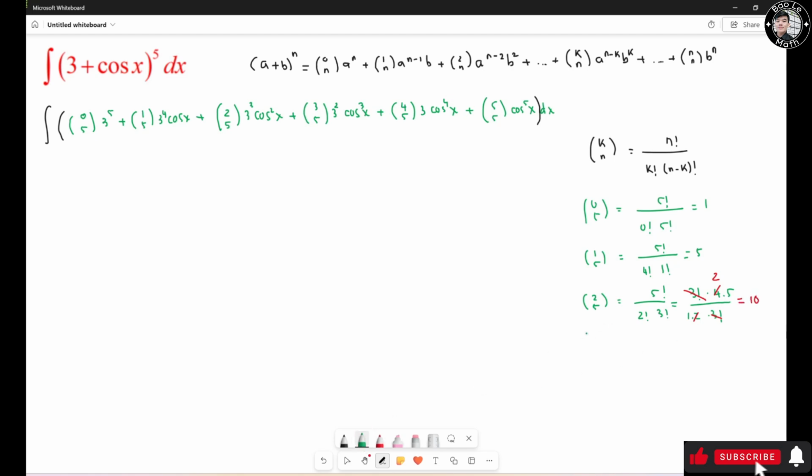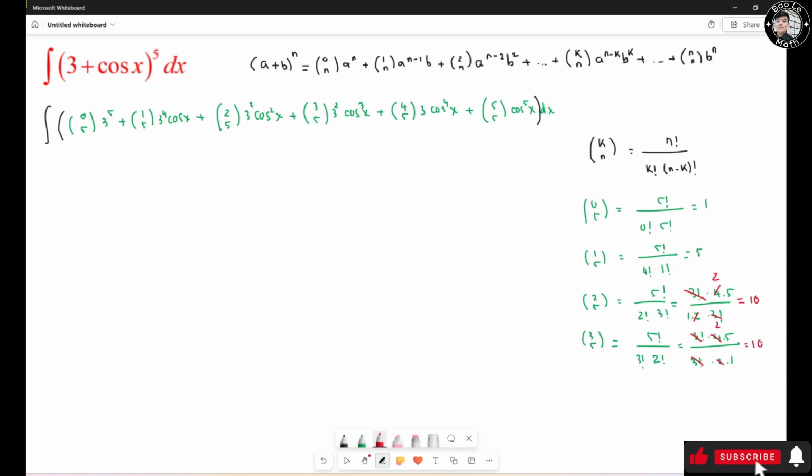Now combination of 3, 5. It's going to be 5 factorial over 3 factorial times 2 factorial, and we do the same thing. So we have 3 factorial times 4 times 5 over 3 factorial times 2 times 1. Then this cancels out, this cancels out, and we have 2 left.